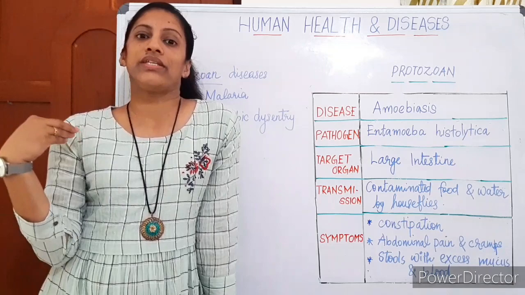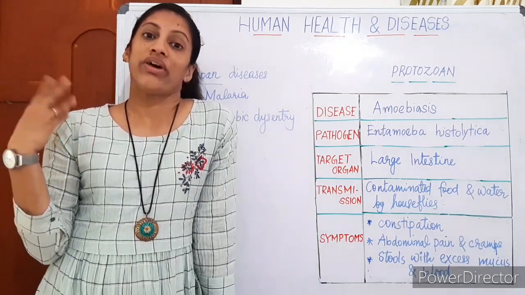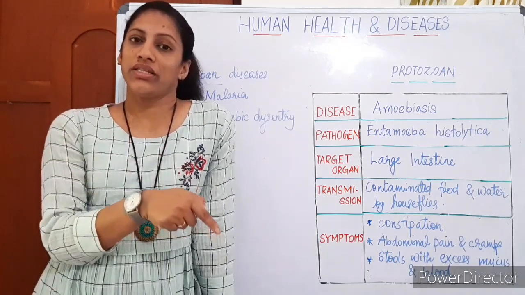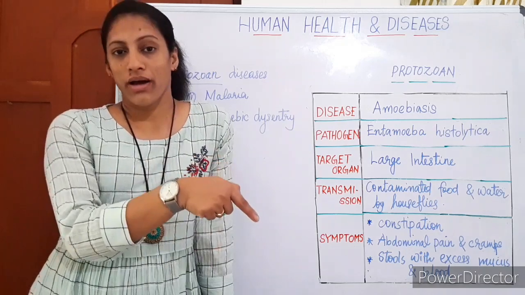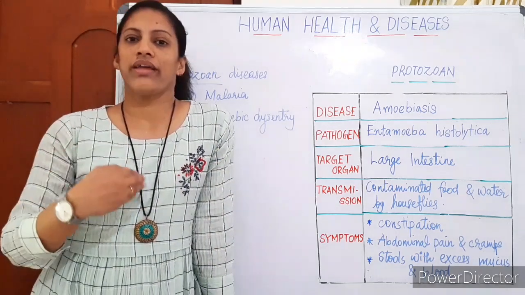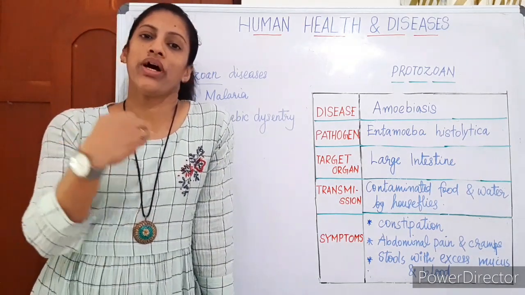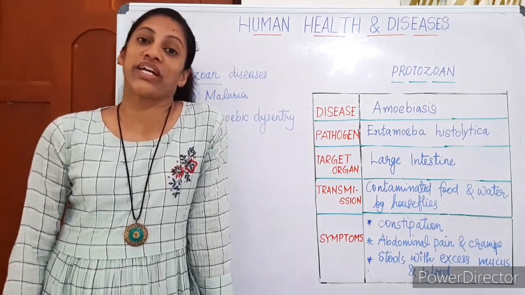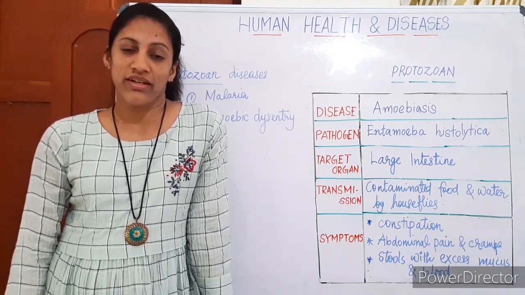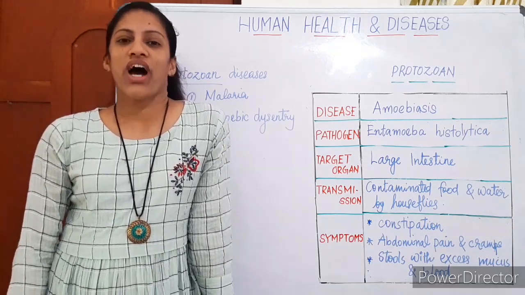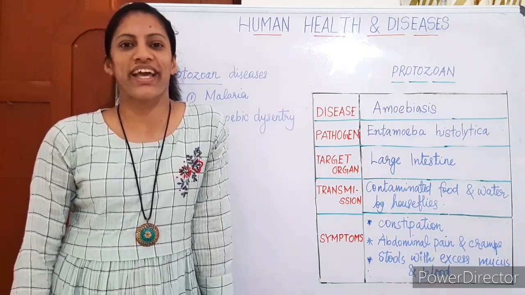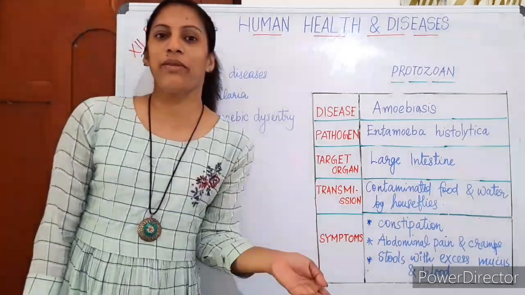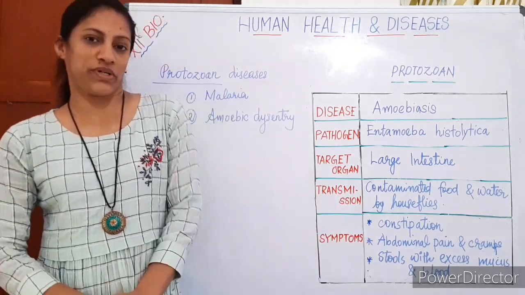The food we eat and the water we drink, when contaminated with Entamoeba by houseflies, can bring the disease to a healthy person. So the spreading of the disease is through contaminated food and water by the action of houseflies, which act as mechanical carriers from the feces of the infected person.